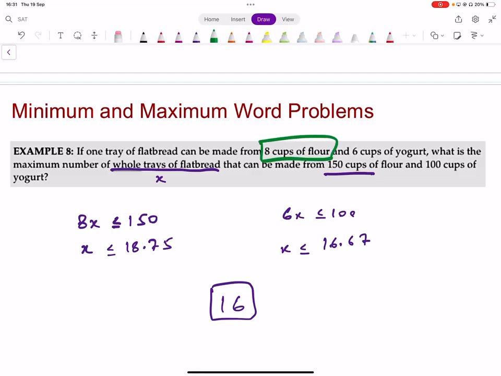What's the total amount of flour used? 8 into X, right? Now the total amount that we have available is 150. So 8 times X can be no more than 150. It has to be less than or equal to 150. You can't use more than that, right? That's the maximum amount available to you. And similarly, here as well, same logic.